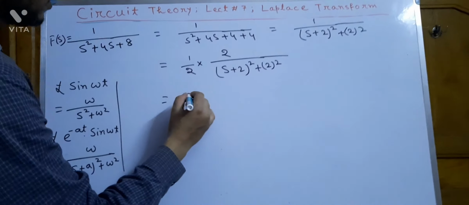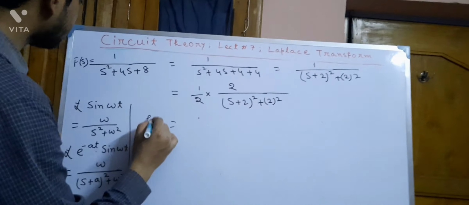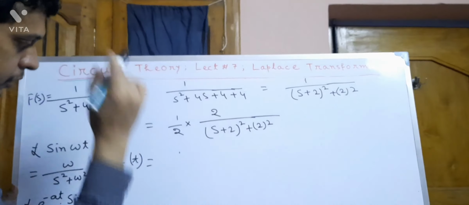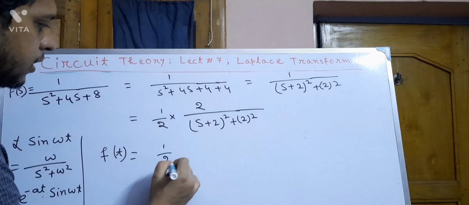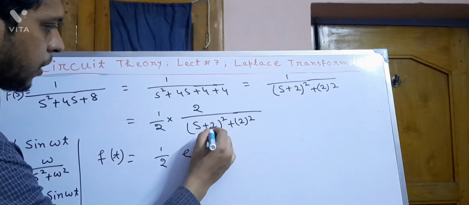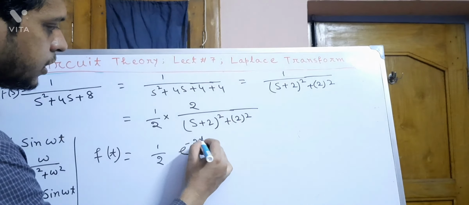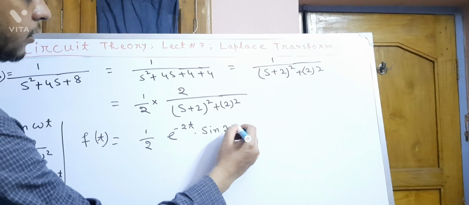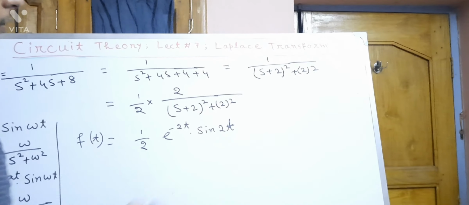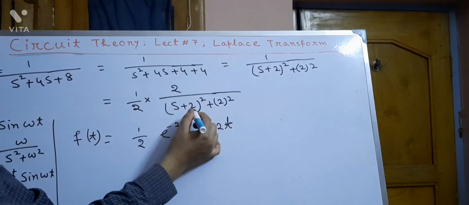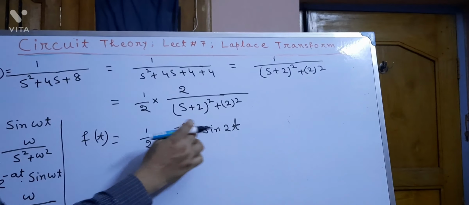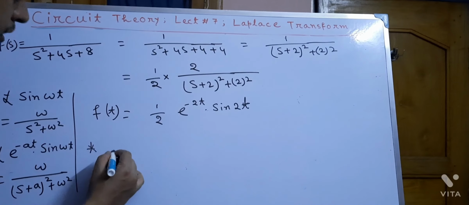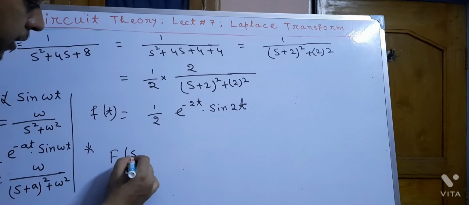Hence, the inverse Laplace transform of F(s), or of this expression, equals half into e to the power minus 2t sin 2t. This is omega and this is a. Both are 2.